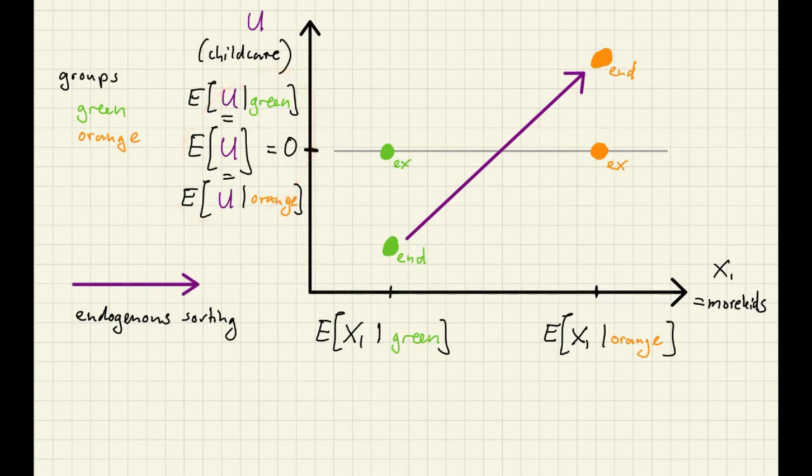So all the outcome differences that we observe between the groups cannot be driven by differences in u. They have to be driven solely by the differences in x1. So the orange group can be considered a copy of the green group that differs only with respect to more kids. So in other words, by comparing the orange with the green group, we're moving horizontally, that is in ceteris paribus direction, and we are revealing the causal effect.